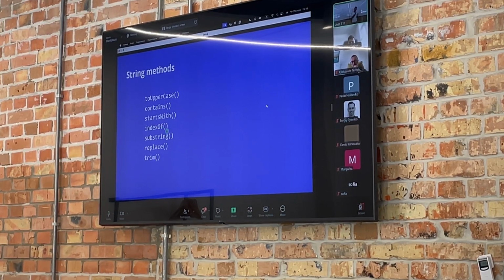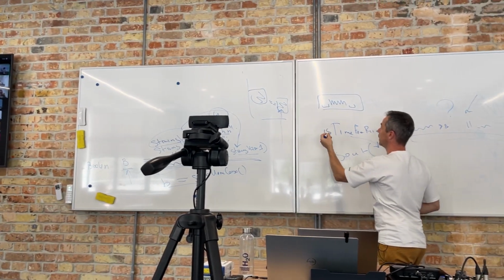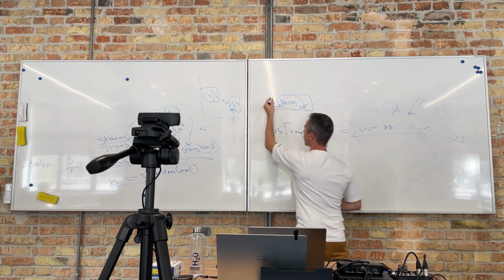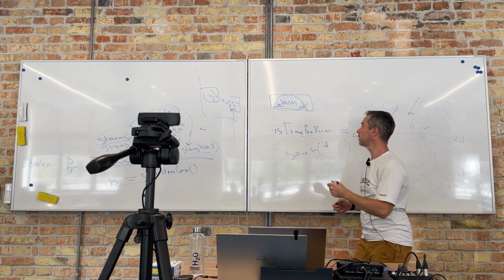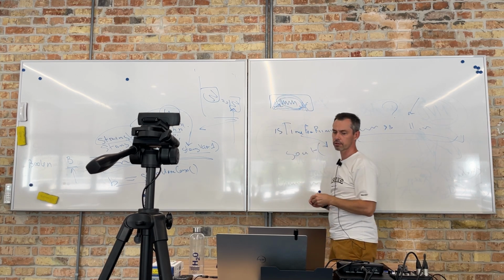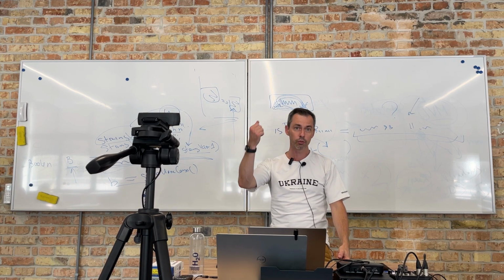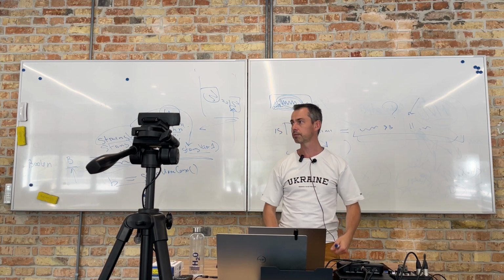IndexOf, in which position we could find this symbol or string. Substring, replace, trim: when we enter a login, for example, and mistakenly put some spaces, and we don't need those spaces, we call the trim method before comparing strings, we delete those spaces, and we get the actual content. And so on and so forth, many methods in a string. I would ask you to make experiments, to try to demonstrate that in your assignment.